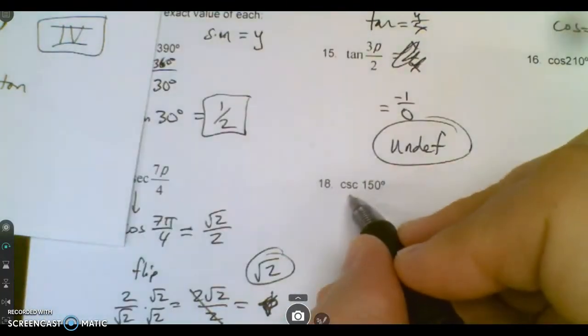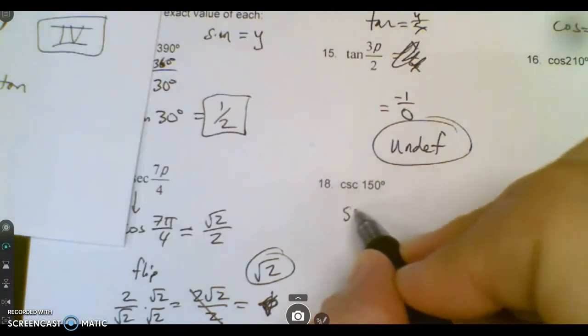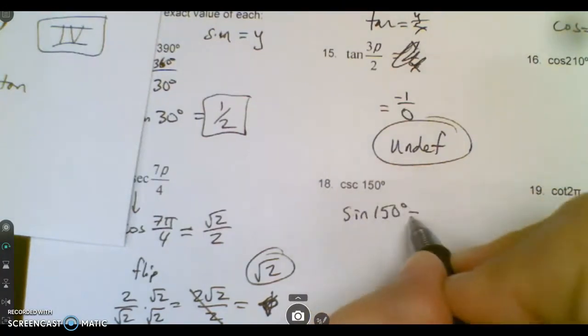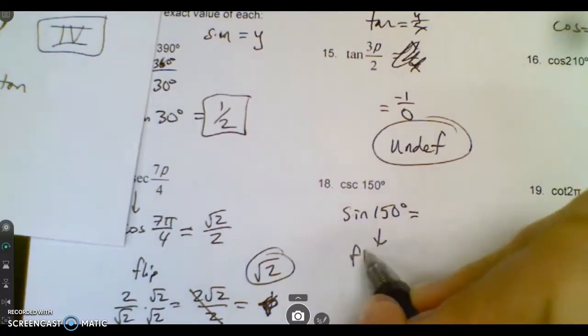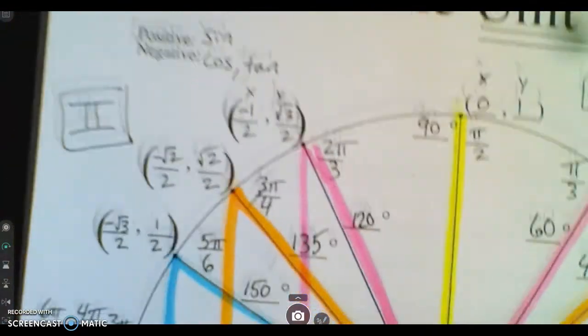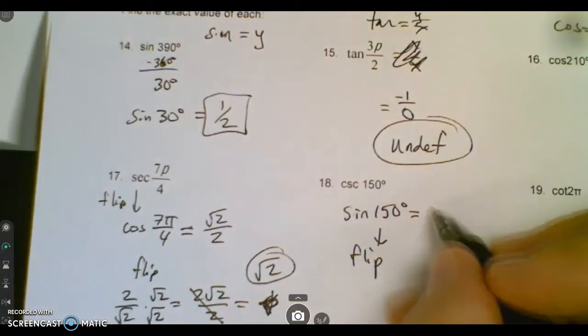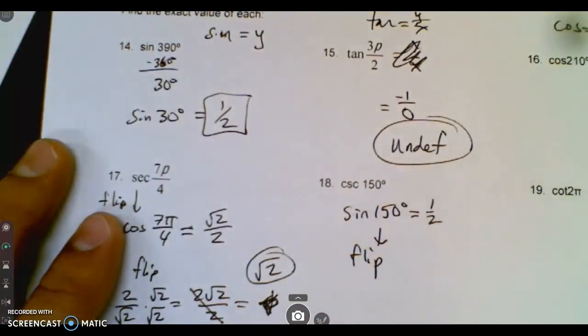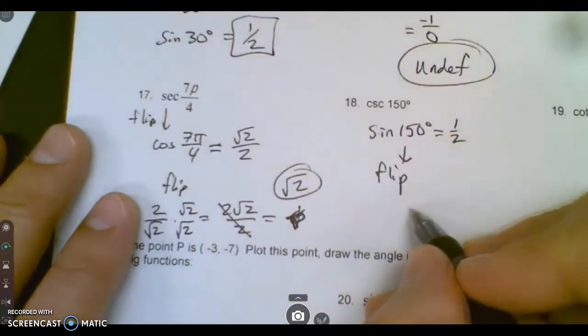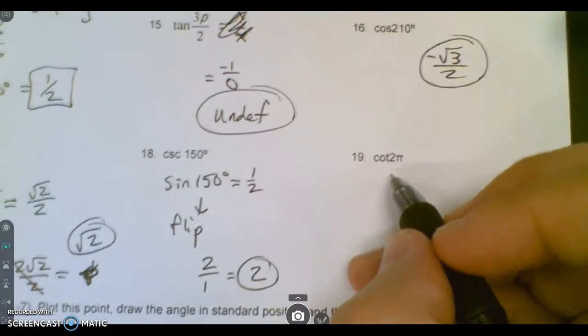Similar to this, secant of 150 means if I knew sine of 150, I can just flip it. So let me find sine of 150. Here's 150, right? Sine is the y part, which is 1/2. I just have to flip that. So we'll call it 2 over 1, aka 2. Okay, cotangent of 2 pi.